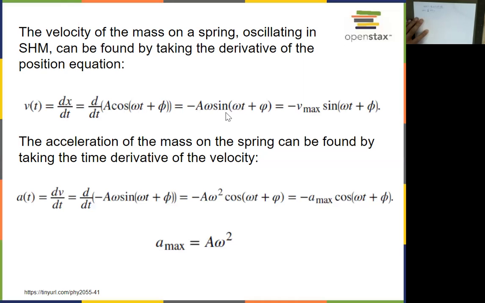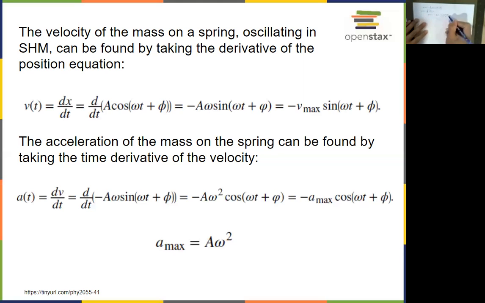Cosine becomes negative sine, and you also take the derivative of the expression inside the parentheses with respect to t, so omega comes out. So velocity equals minus A omega times sine of omega t plus phi.